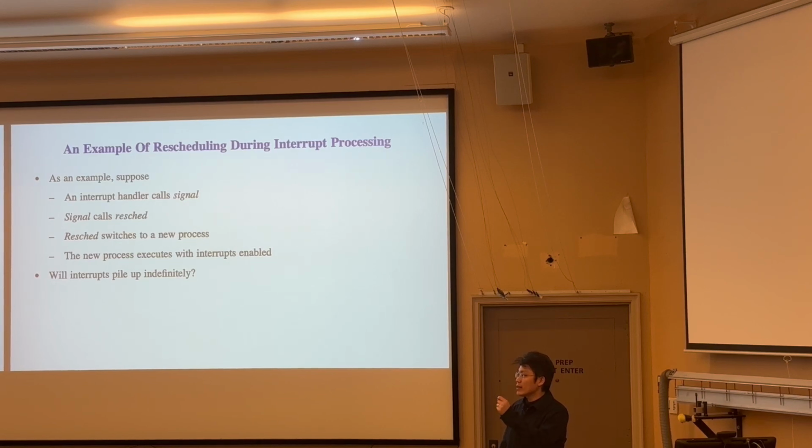It is possible that the process that gets switched in previously had its interrupt flag enabled. Of course in the context switch function itself interrupts are disabled, but it will finish executing the context switch and reschedule function and then go back to its normal execution, and when it goes back to its normal execution, it could have interrupts enabled.